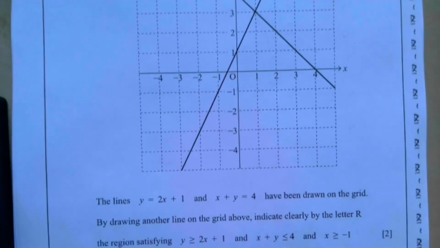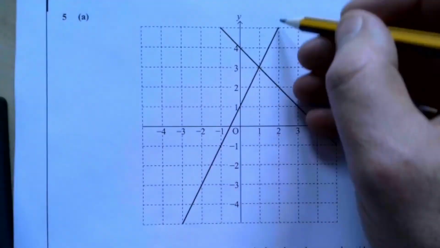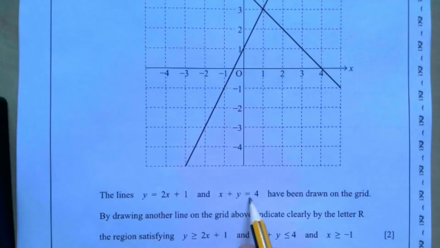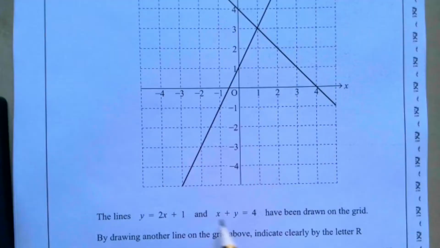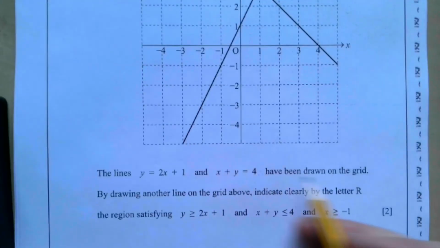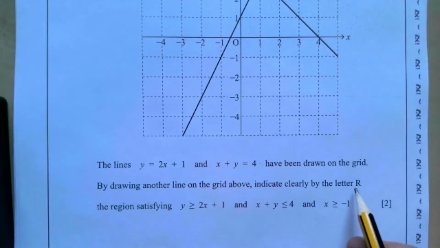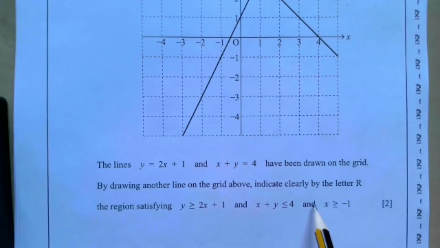5a, it says the lines y equals 2x plus 1, gradient of 2, y-intercept of 1, so that's this one here. And x plus y equals 4, that's this one here. If you rearrange it, you get y equals minus x plus 4, gradient of minus 1, y-intercept of 4, drawn in the grid. By drawing another line in the grid above, indicate clearly by the letter R the region satisfying these.